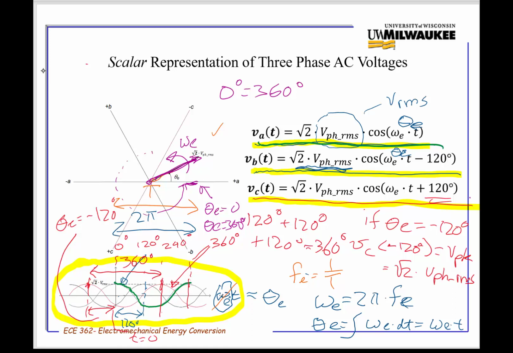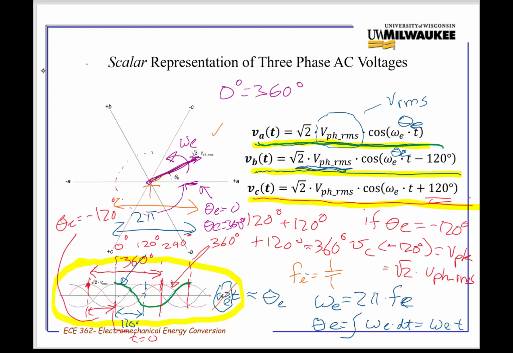So I've got a 360 here between the peaks, and there's a 120 degrees between the peak of the C phase and the zero reference point here.